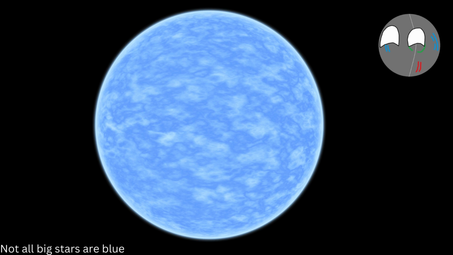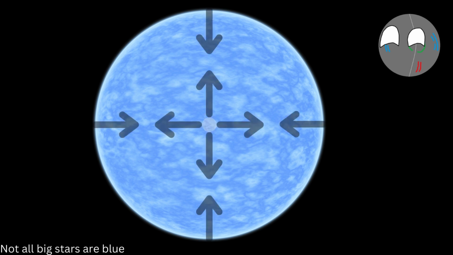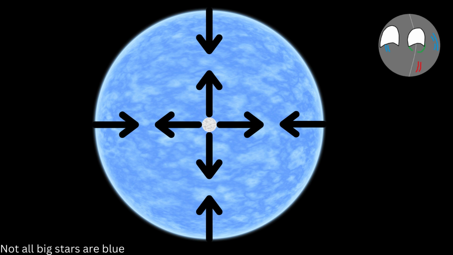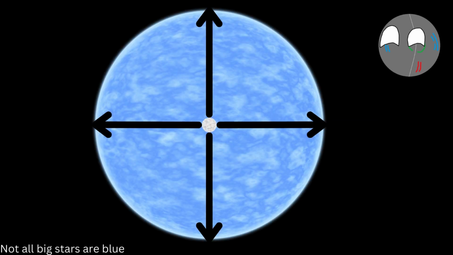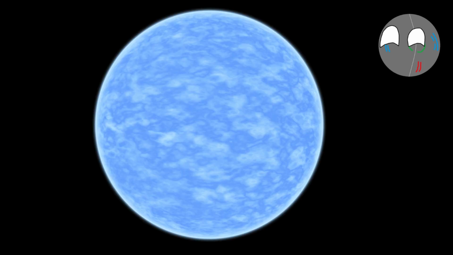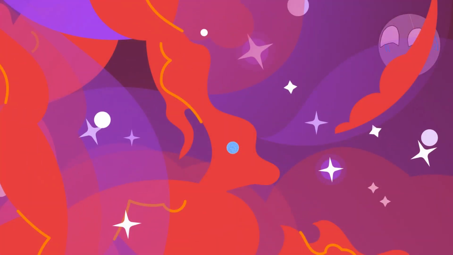So at the end, a tug of war will begin in the star between gravity and its core's heat and light energy. If gravity wins, a black hole forms. If energy wins, a neutron star forms. And along with this, a supernova explosion is also left behind.